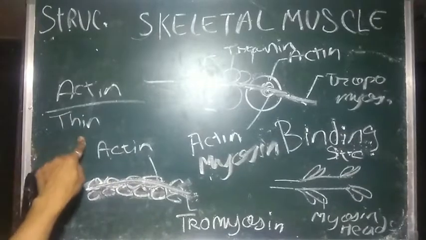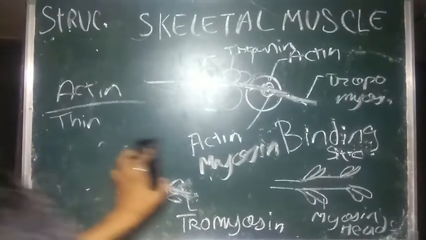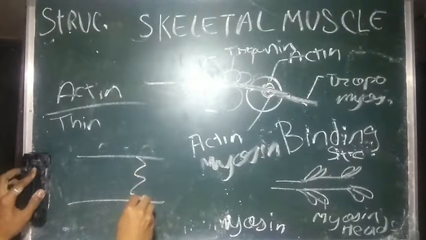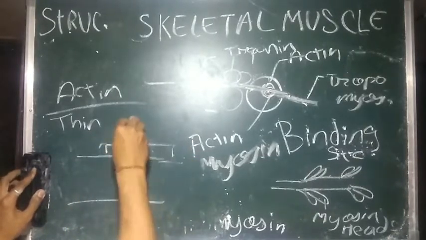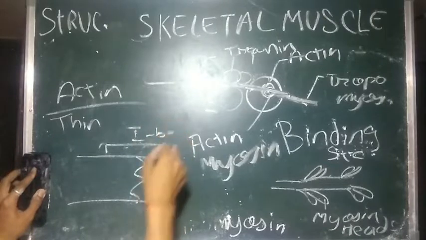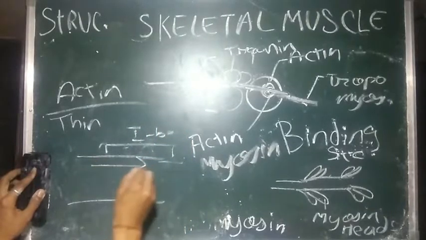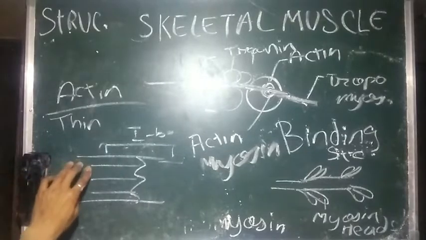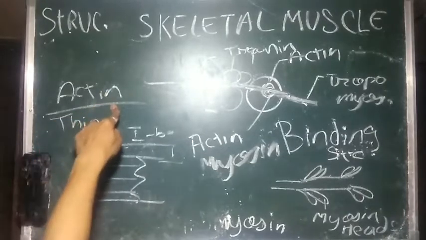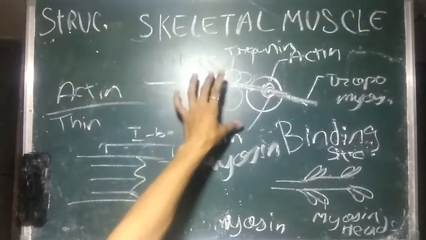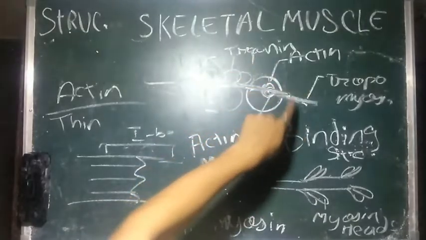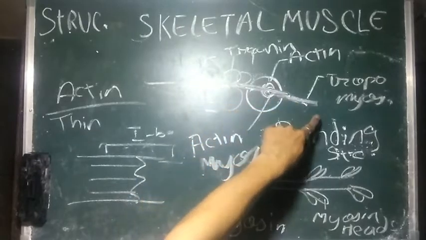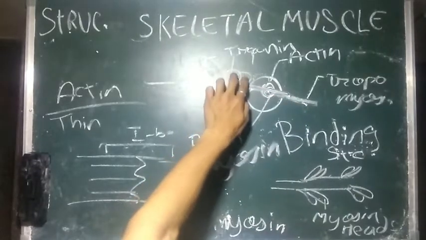Okay, so this is the thin filament. You remember, this is the Z line, and inside an I band we have these thin filaments. So this thin filament or the actin filament looks somewhat like this: circular actin proteins, fibrous tropomyosin, and circular troponin.